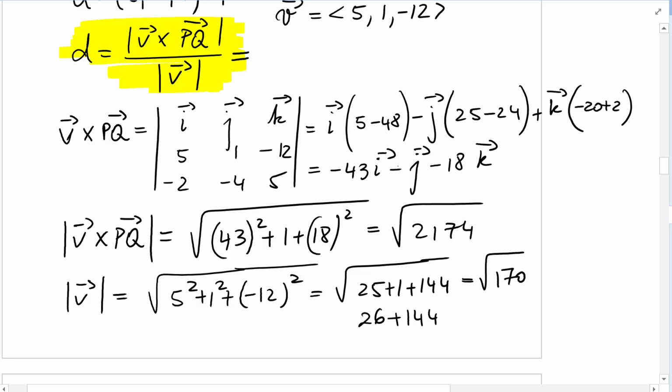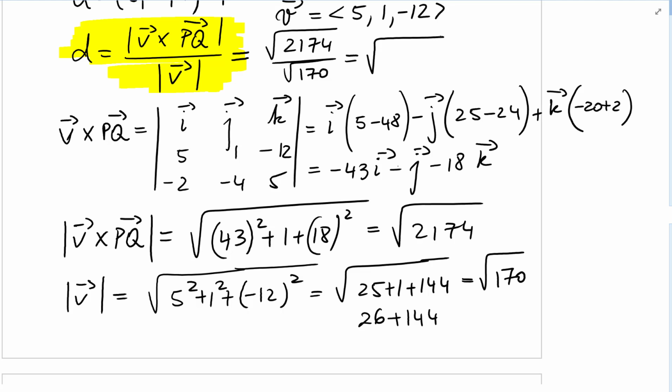So the distance d equals the square root of 2174 over the square root of 170, which equals the square root of 1087 over 85, which is approximately 12.79 if we use 2 decimals after the decimal point.